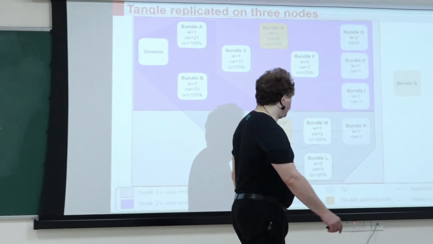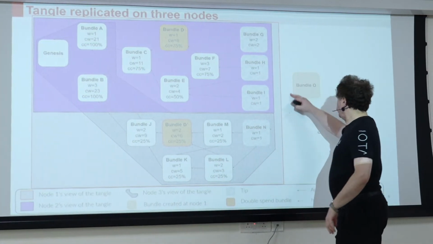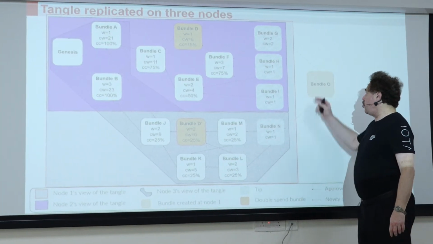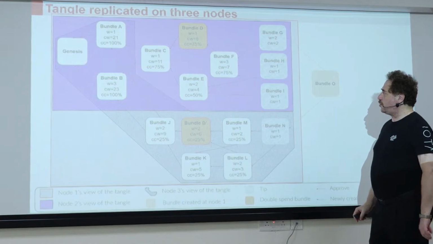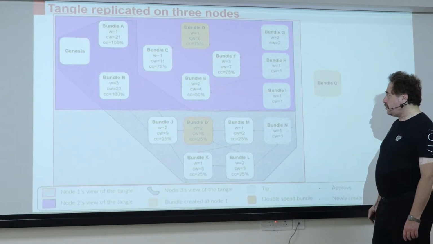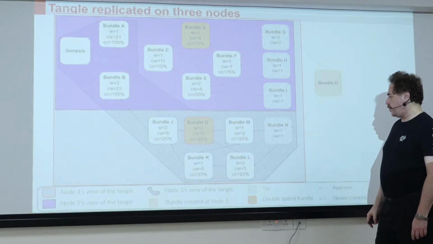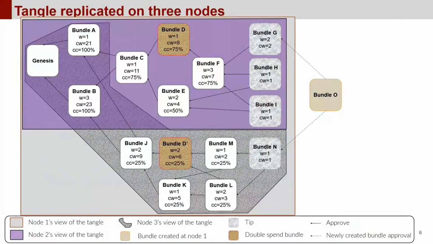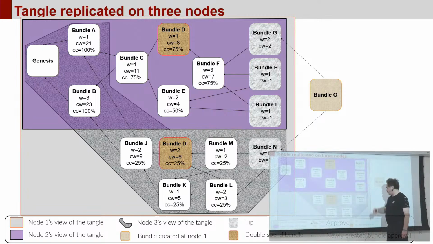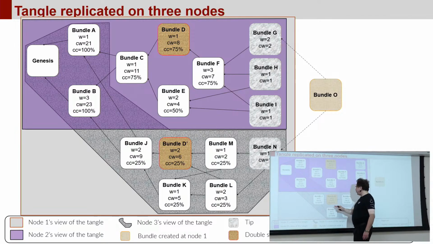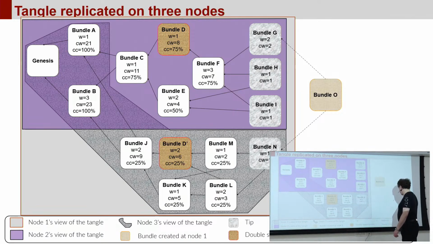And this is a new transaction, which is not part of the DAG yet, but which is about to be appended to the DAG. These are tips. Again, this is the double spending bundle. And the creator of the new transaction needs to decide.